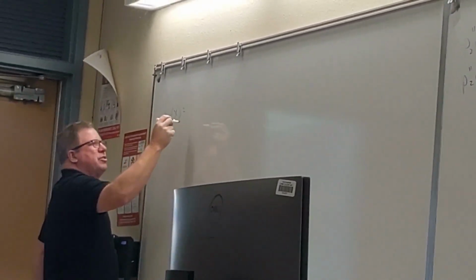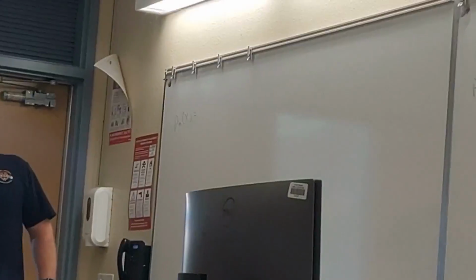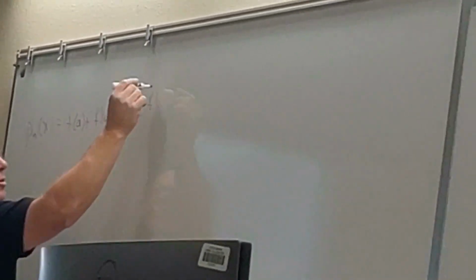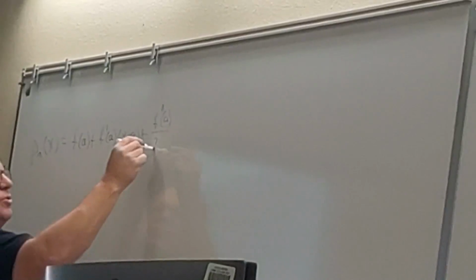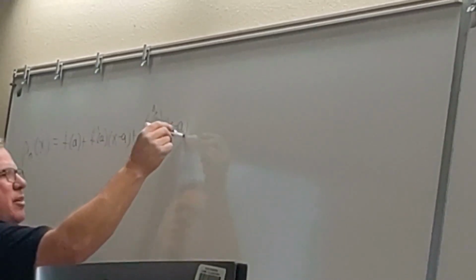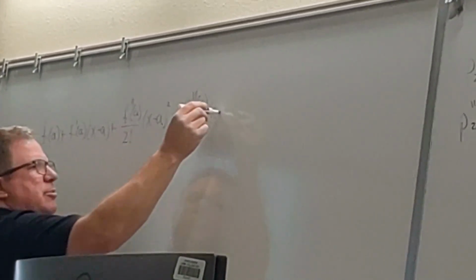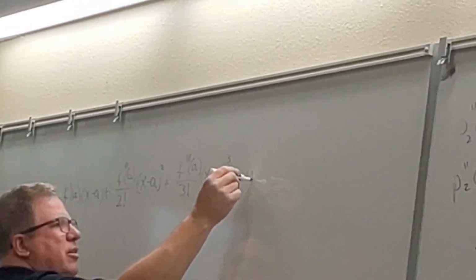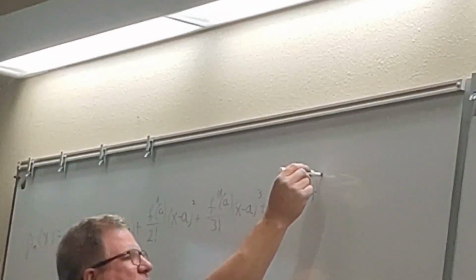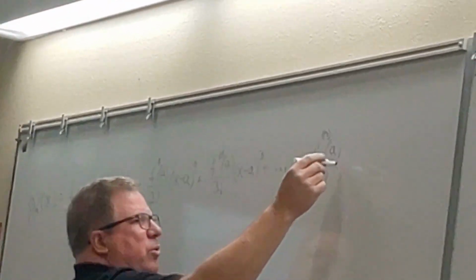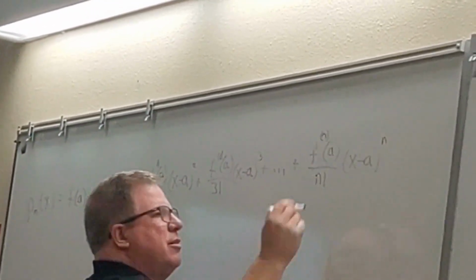P n of x is going to be, basically I'm gonna copy that over there. f of a plus f prime of a, x minus a, plus f double prime of a over 2 factorial x minus a squared, f triple prime of a over 3 factorial x minus a cubed plus dot dot dot plus the nth derivative over n factorial x minus a to the n.